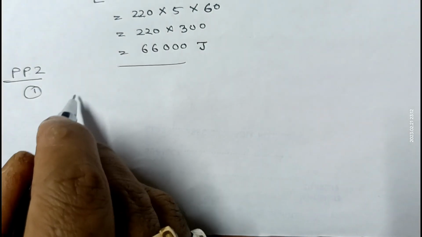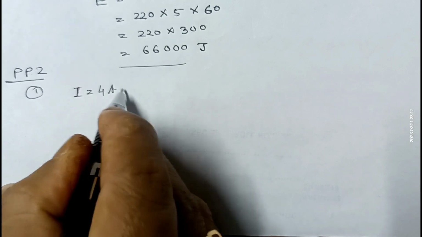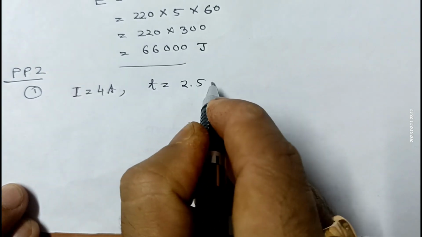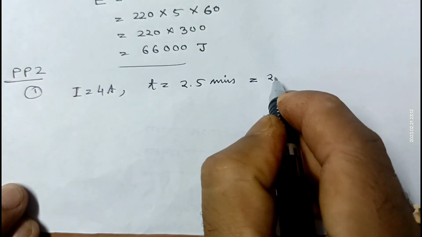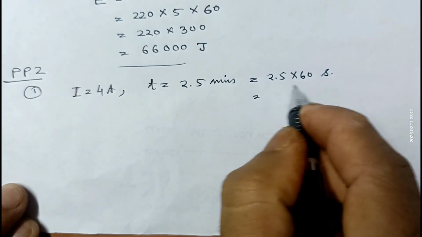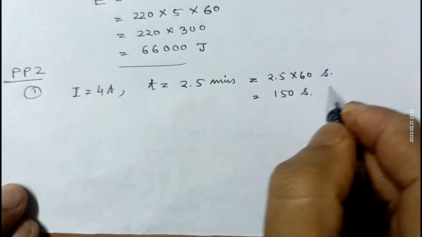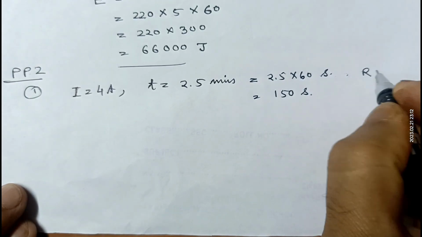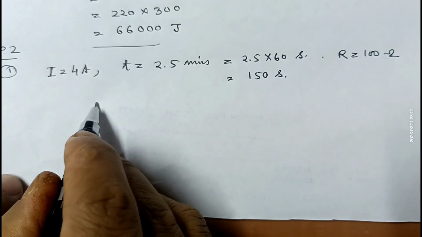Here it is given that current equals 4 ampere, time is 2.5 minutes, which equals 2.5 into 60 seconds. 2.5 into 60 will give 150 seconds, and it is given that the resistance of the element R equals 100 ohm. Now we have to calculate the energy consumed.